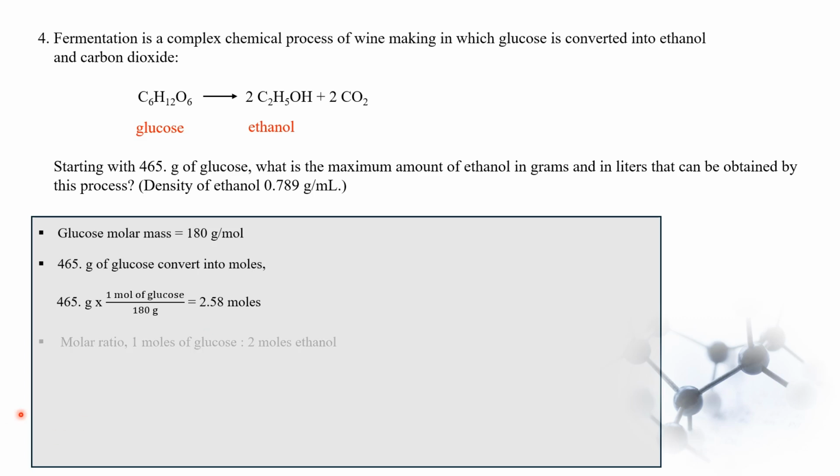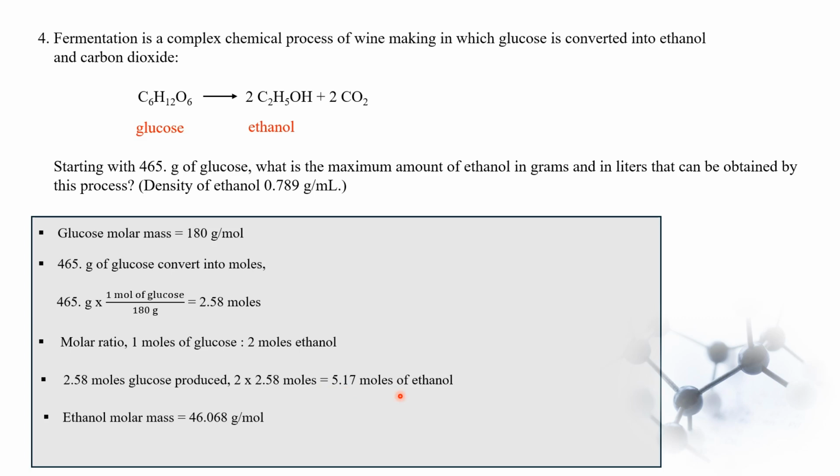Then you can calculate ethanol moles: 2 times 2.58, that is 5.17 moles of ethanol produced. Now we need ethanol mass. Ethanol molar mass is 46.068. Moles multiplied by molar mass is equal to 238 grams. That is one answer. The next answer we need in liters.